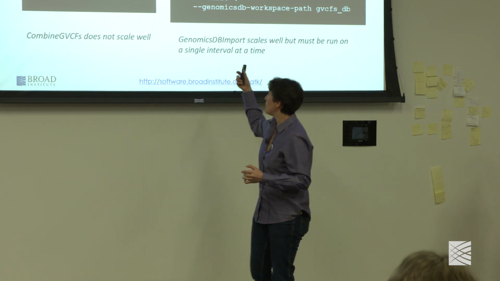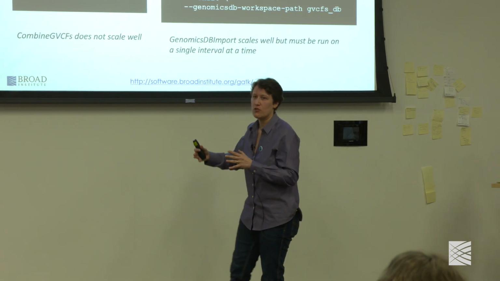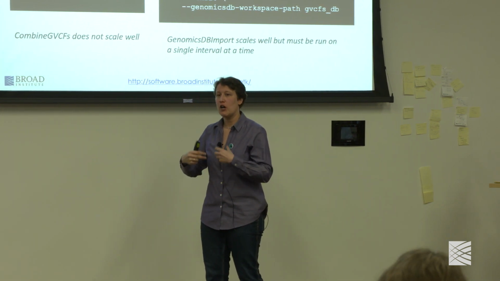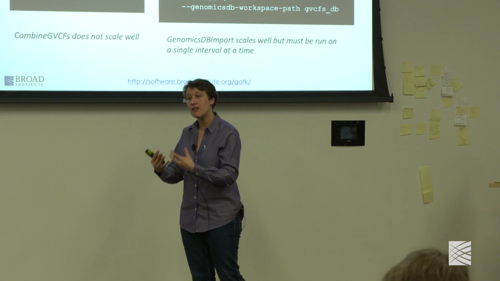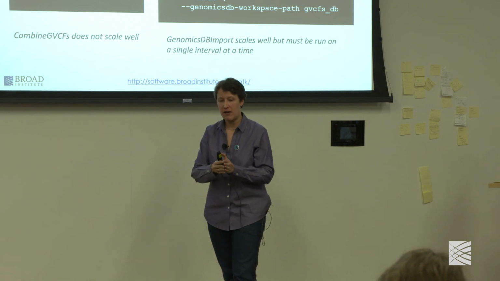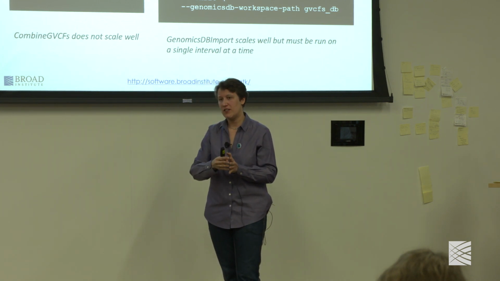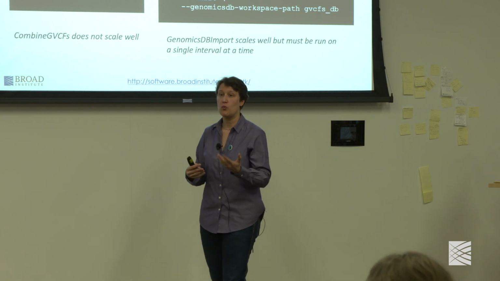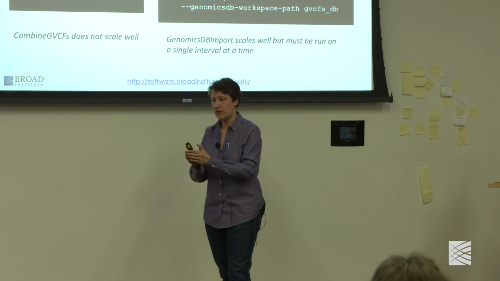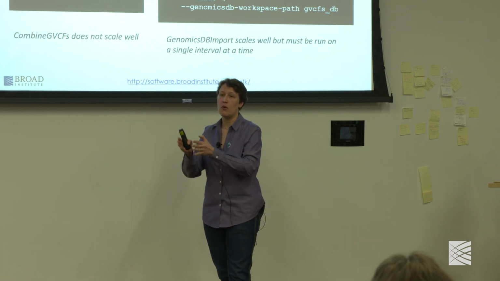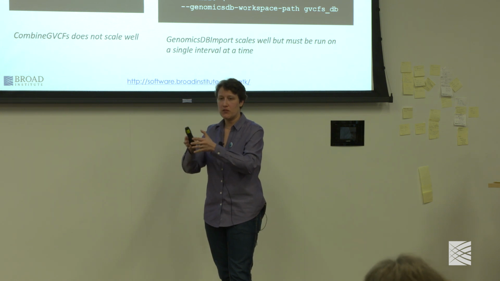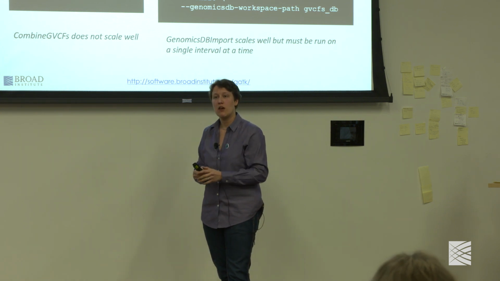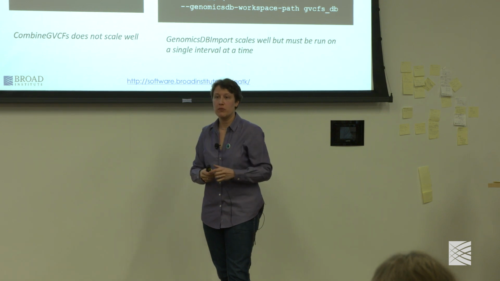Here we're showing an example with the full chromosome, but in practice, for operationalizing this kind of thing, we have a designed list of intervals that works well for whole genomes. And it uses things like Ns in the genome or places where there's interruption in the sequence as natural stopping points.